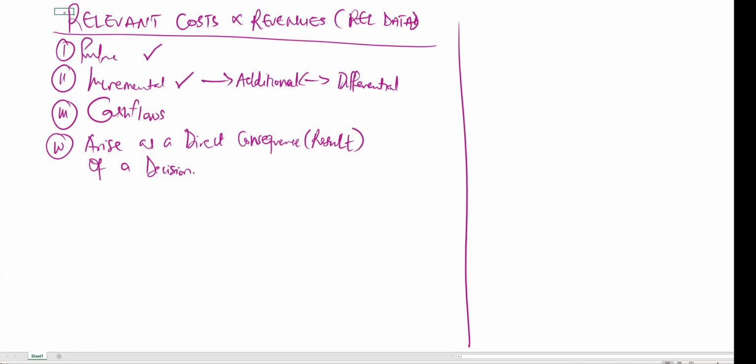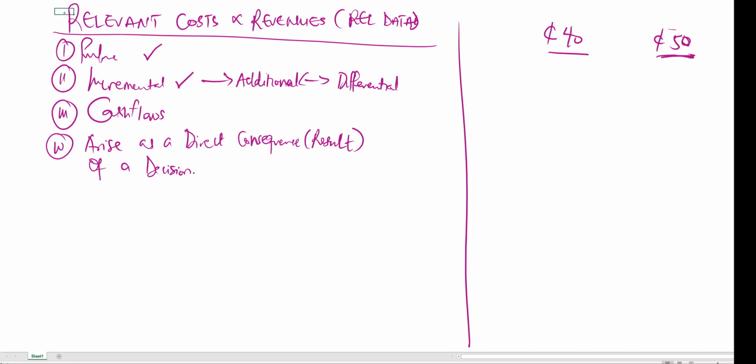For instance, if I eat banku in this cafe, it will cost me 40 cedis. If I eat banku in that cafe, it will cost me 50 cedis. What is the relevant cost? What is the additional cost that is incurred in either alternative? The additional cost or reduction, if I choose this or I choose this.